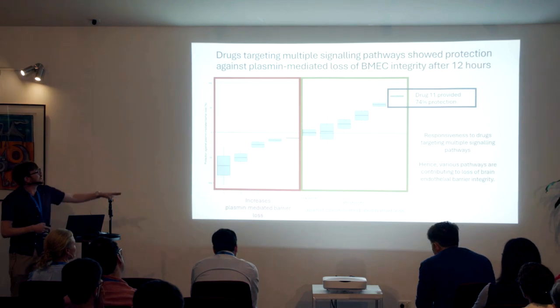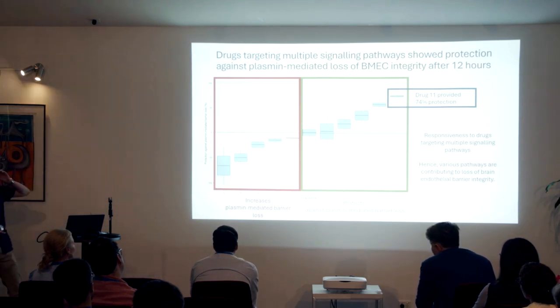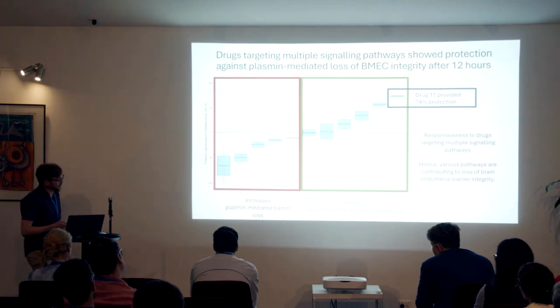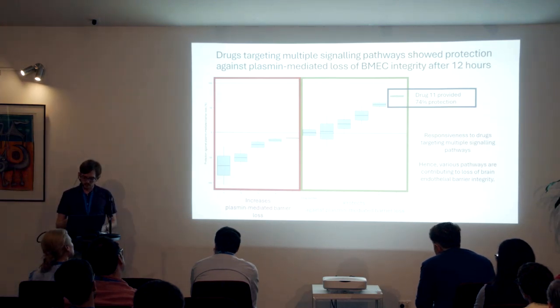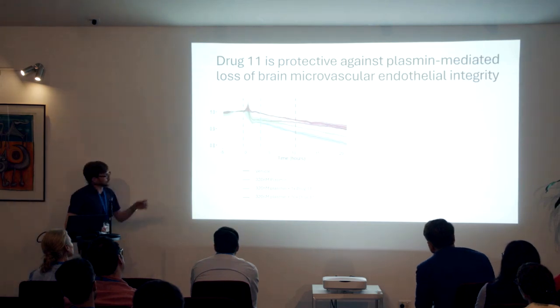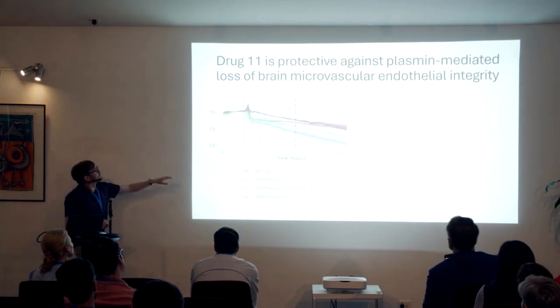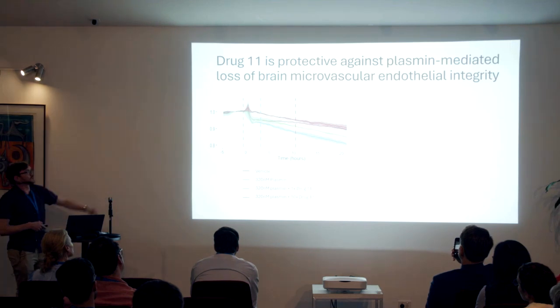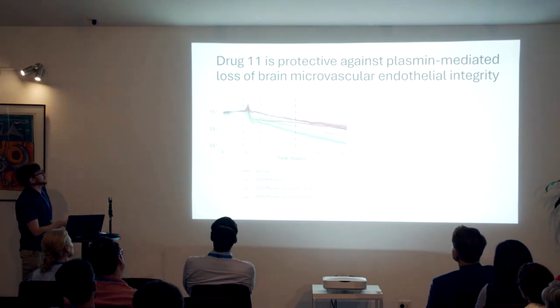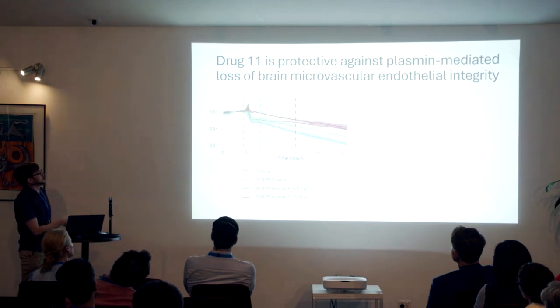Now, what I've shown you here is a single concentration of each of the drugs at a single time point at 12 hours, but each of these drugs we actually ran at 2 concentrations, and we have the real-time data. Whilst I don't want to drown you, this is drug number 11, which was our best hit. You can quite clearly see here that you've got your vehicle in the red and your plasmin in the blue.